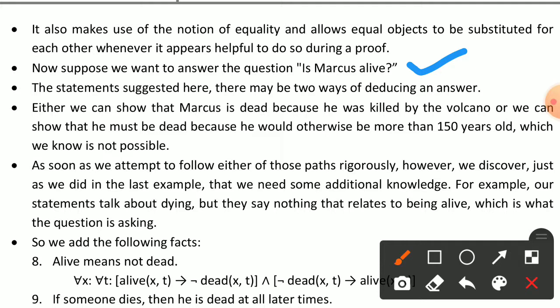Either we can show that Marcus is dead because he was killed in the volcano, so he died. Or in another condition, he is dead because no one can live longer than 150 years. These two possibilities are given.